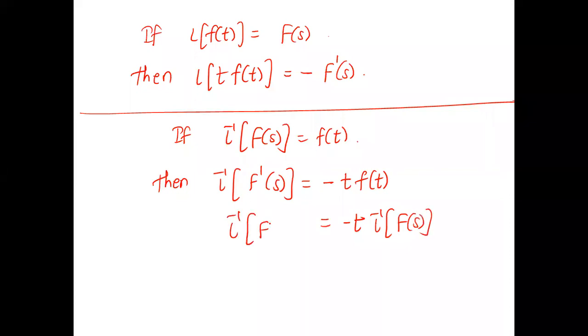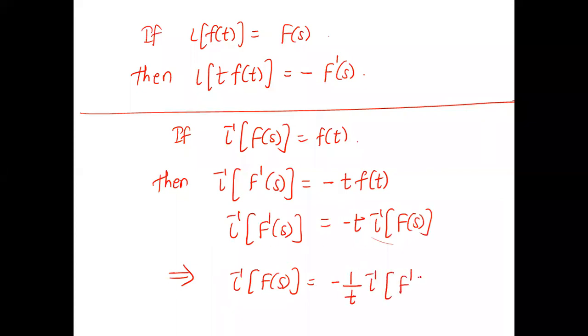So Laplace inverse of f dash of s is nothing but minus t into Laplace inverse of f of s. So if you want now Laplace inverse of f of s, this minus t should get divided on the other hand side. So 1 upon minus t into Laplace inverse of f dash of s.